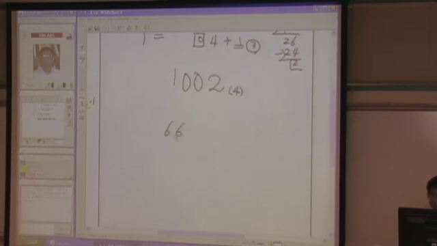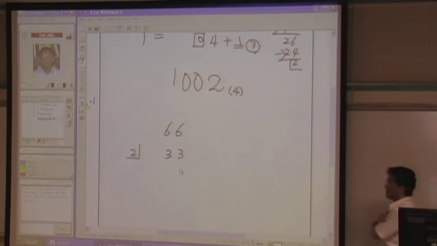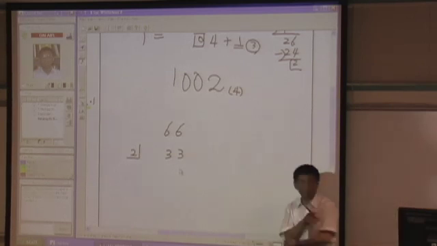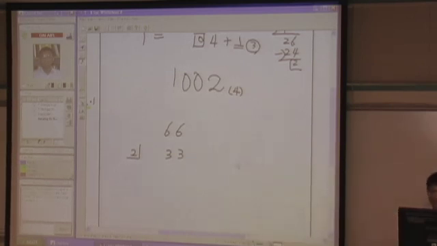Then, if we divide this by 2, then 2 times 33 gives us 66, so the remainder is 0.